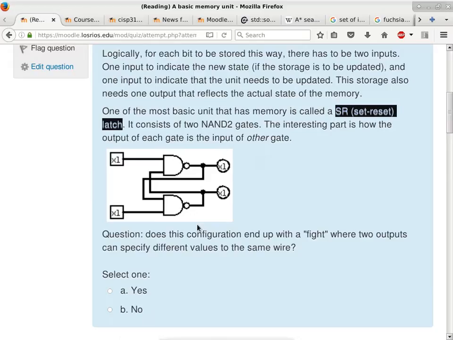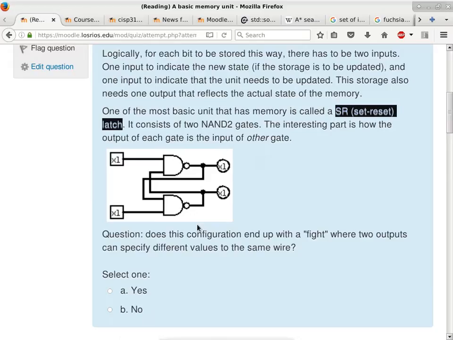The one thing that makes this circuit very different from all the other circuits that you have done up to this point is that there's a feedback. The output of each gate is going back to the input of the other gate, not to itself, but to the other one. So it is also symmetric.